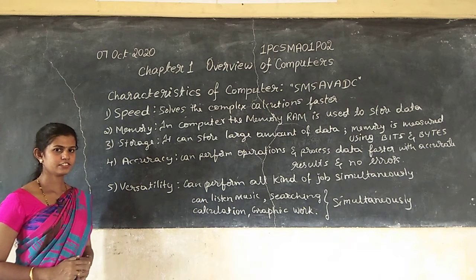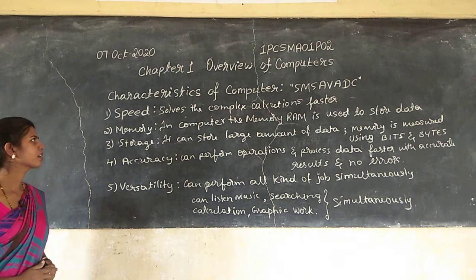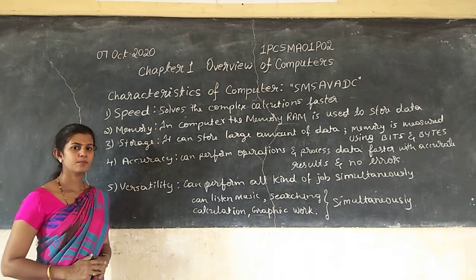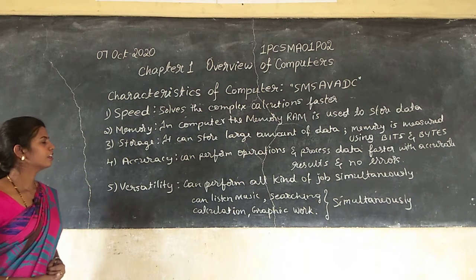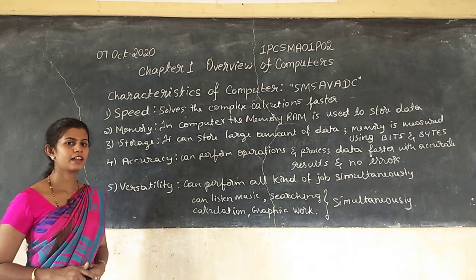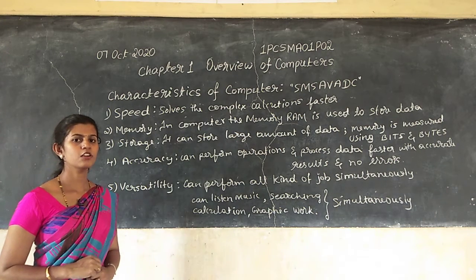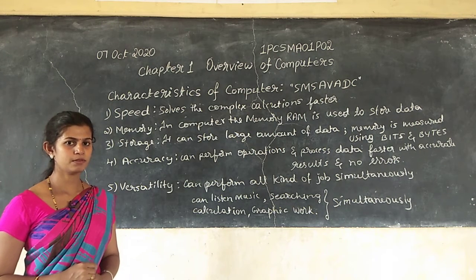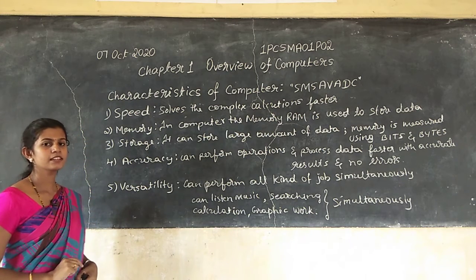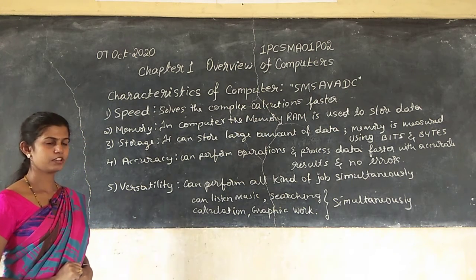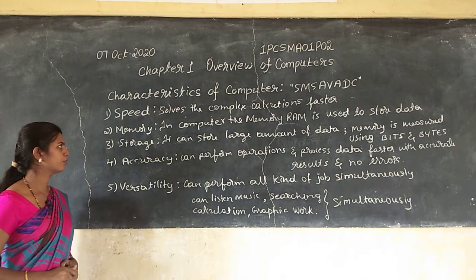The first characteristic of a computer is speed. Speed is one of the most important characteristics of a computer. In general, no human being can compete with the computer for solving complex problems faster. The next one is memory.